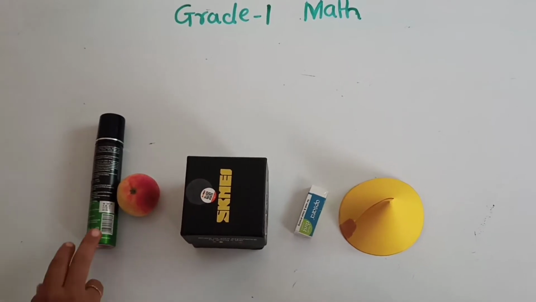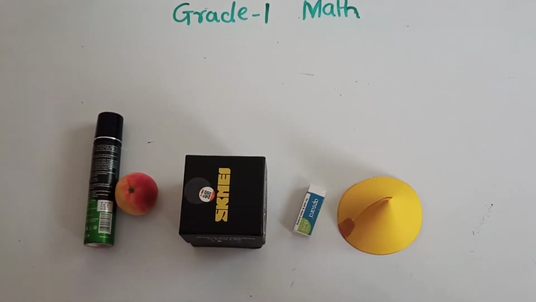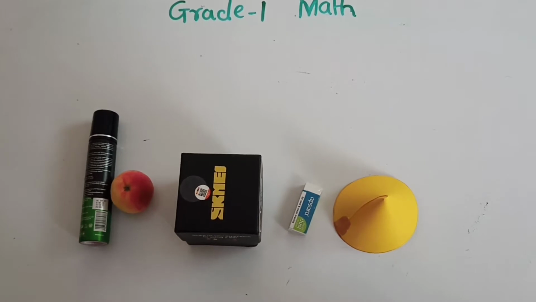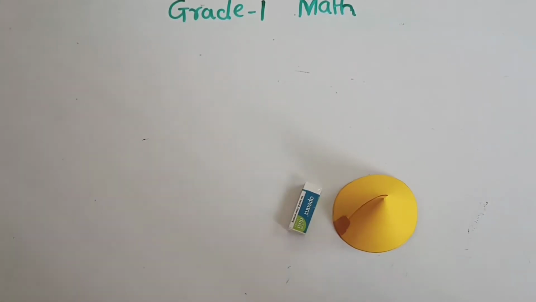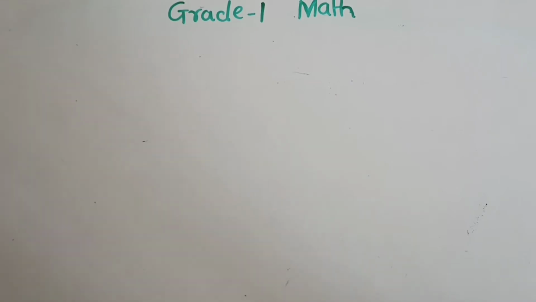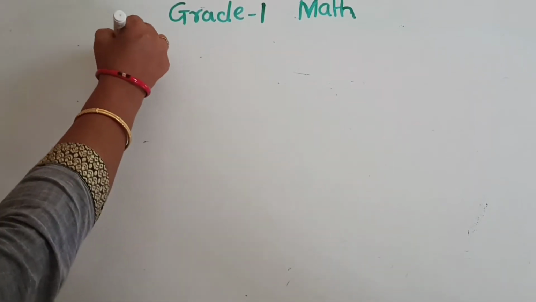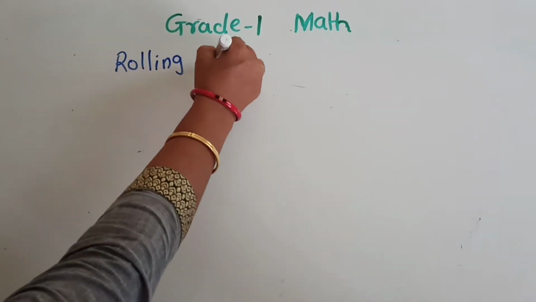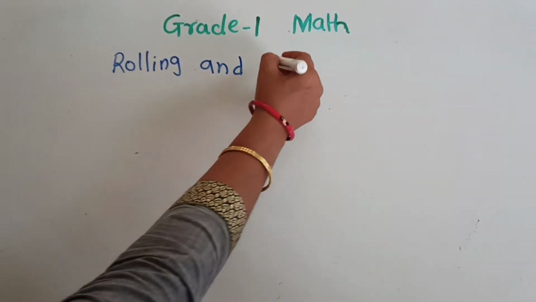These are some solid shapes. Children, today we are going to learn about rolling and sliding.